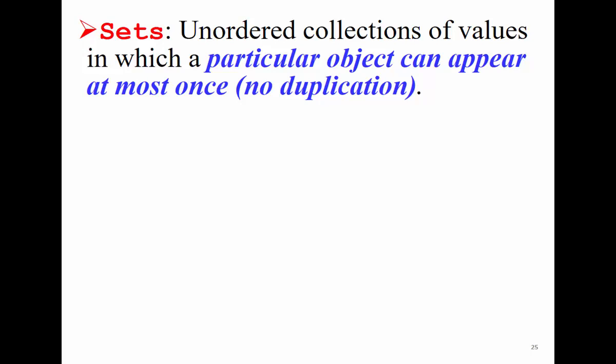So if you are interested in your application in putting things together, you're not interested in the order, and you are interested in asking whether this element belongs to this set or not, use a set. Okay? What's the difference between set and list? A list cares about the order and allows you to have duplicate items, while in a set the order is not important and we cannot have duplicate items inside the set.